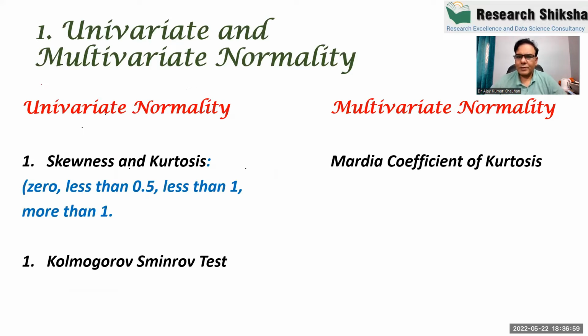Why is this important? Because we assume that the population is always normally distributed. If you want to apply the conclusions of the sample survey to the population, your sample should also be normally distributed. This property is known as statistical inference. What is the meaning of statistical inference? Whatever conclusions we draw from the statistical analysis should also be applicable to the population.